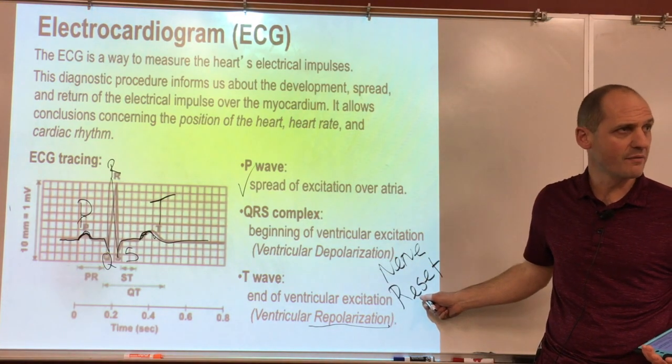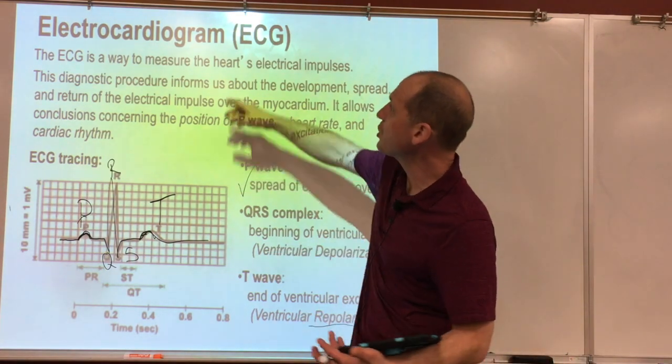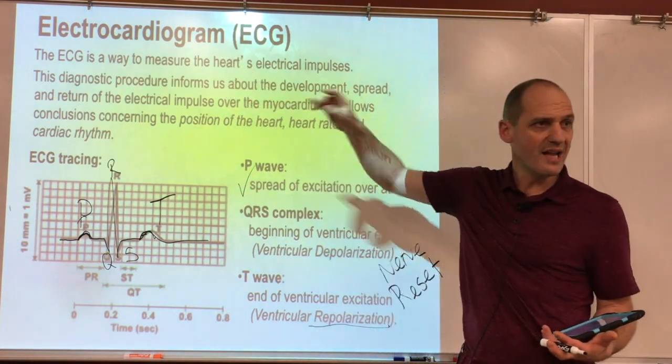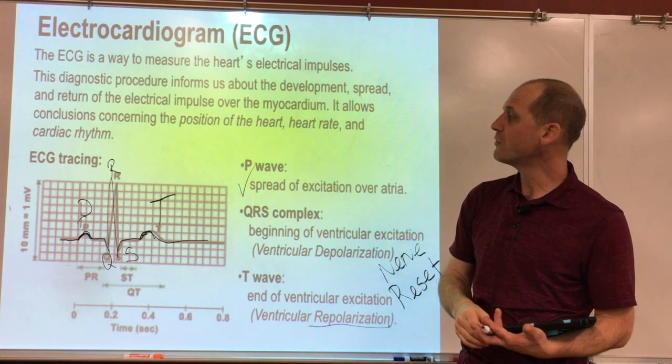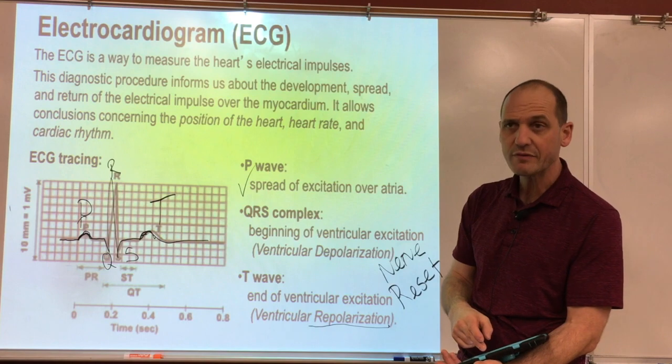So we'll talk about that when we get to the nerve impulse in more detail. But that's your electrocardiogram. So the electricity going over the heart. P wave, QRS complex, and the T wave.